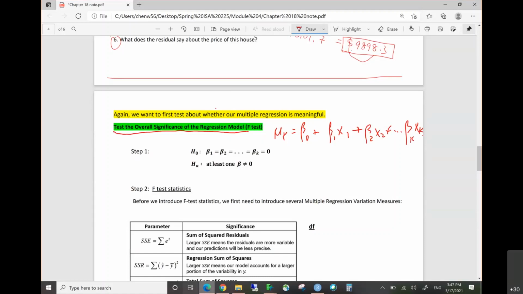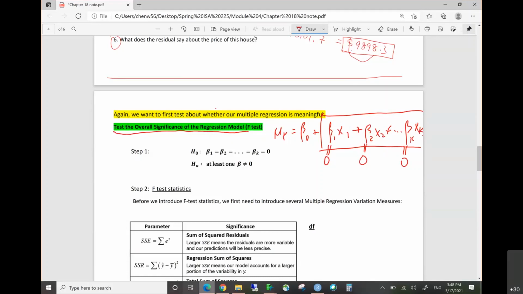That means, what do we need to test? We want to test whether the whole set of coefficients for the explanatory variables equals 0 or not. If beta 1 is 0, beta 2 is also 0, and all of these coefficients are zeros, then there is no relationship between any explanatory variable and the response variable.